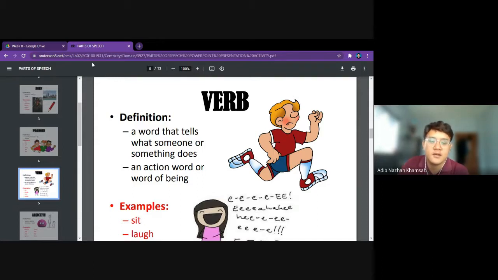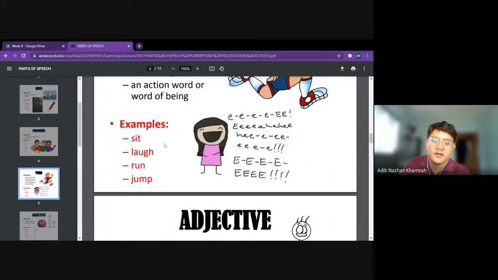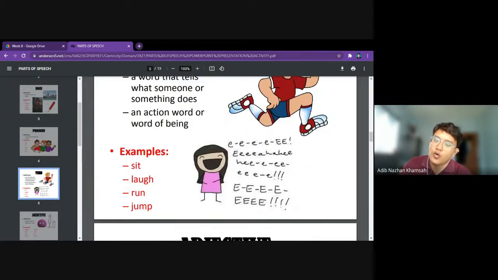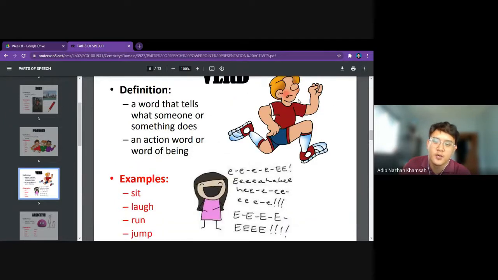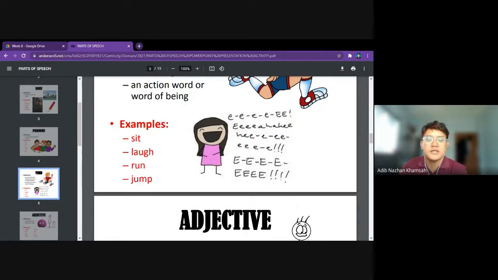All of that is the act of doing something, kan? Or someone does something. So it's called a verb, kata kerja. For example, sit, duduk, laugh, ketawa, run, like this boy here, lari, and jump, you jump, jumping is also a verb.